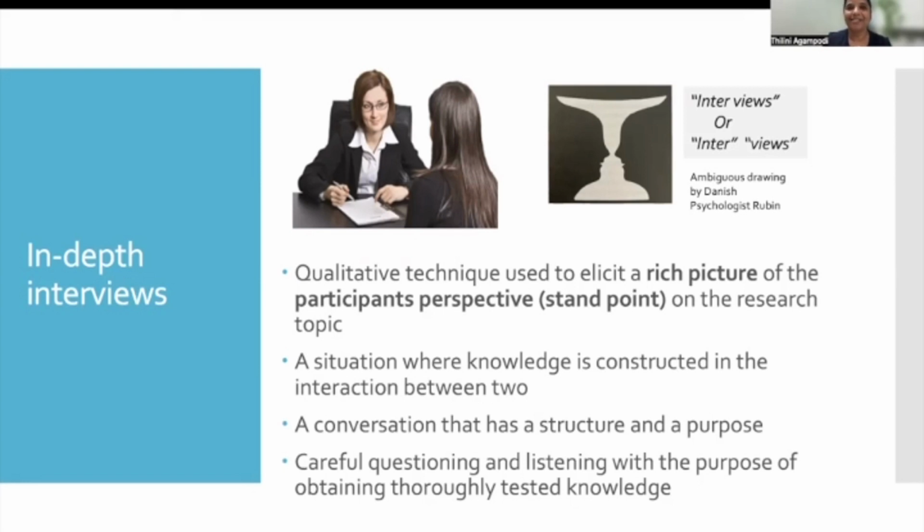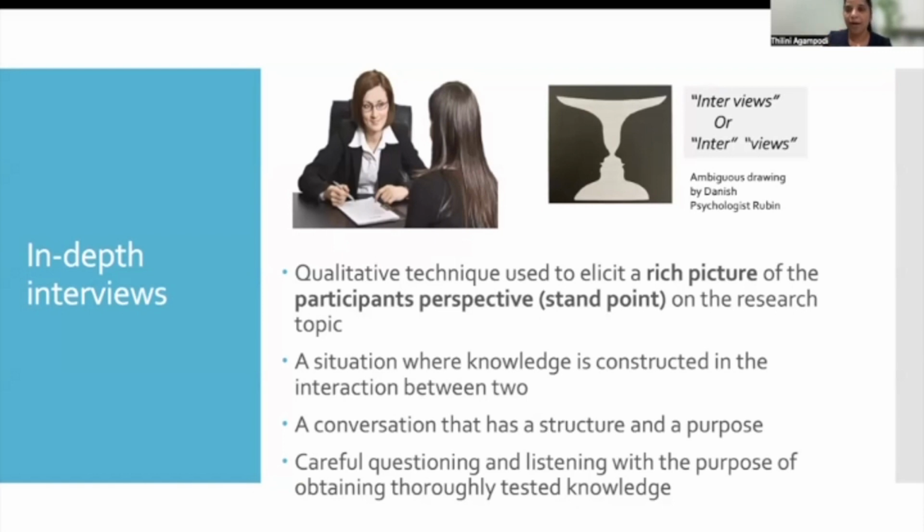As you see in this picture, this is the interviewer and this is the interviewee. The interviewer will ask questions according to an interview guide, which we prepare during the designing of the study. You usually go by an interview guide so that you don't miss anything that you need, but you don't have to stick to the interview guide, as in quantitative questionnaires.